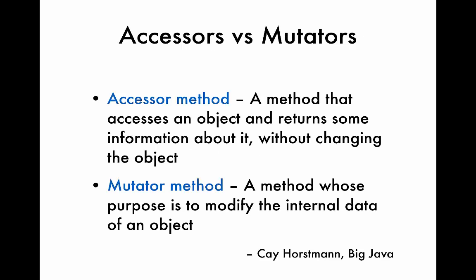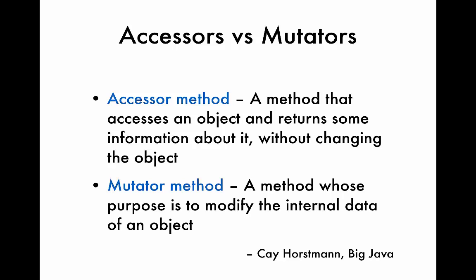Instead, we'll use the term accessor method in contrast to mutator method. In this usage, an accessor method is one that returns some information about an object, but does not modify the object. In contrast, a mutator method is any method that does modify the object.